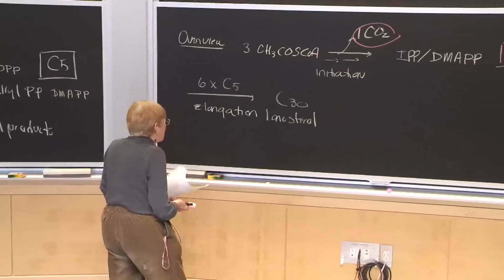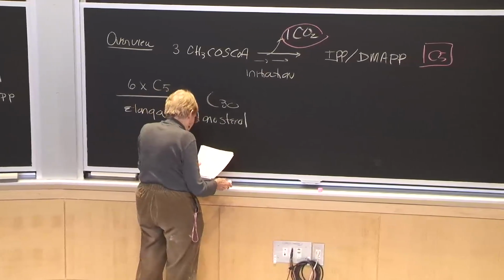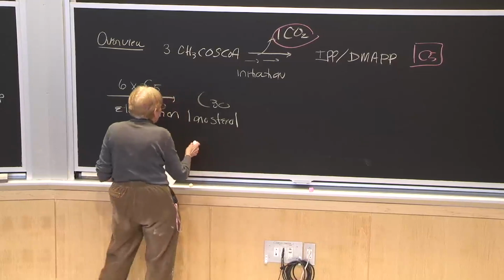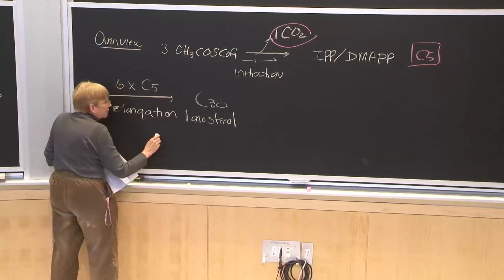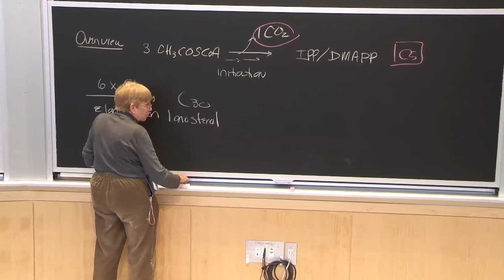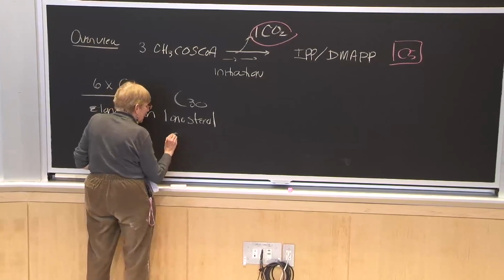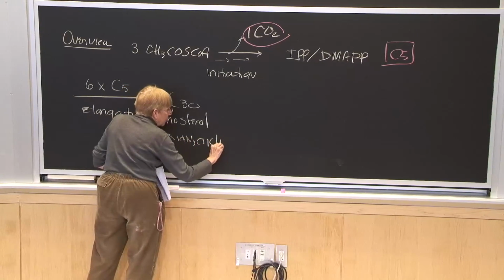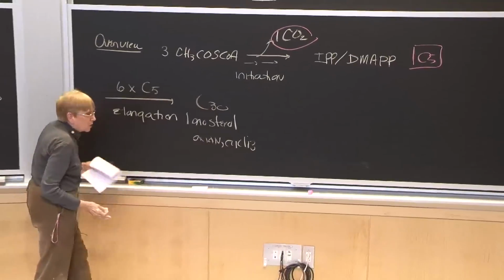So C30, but then what's going to happen? We get to lanosterol, and going to lanosterol here, we're going to have to do, I think, the most amazing chemistry in the whole world. We're going to have to do an oxidation and a cyclization. So this is going to be a terpene.